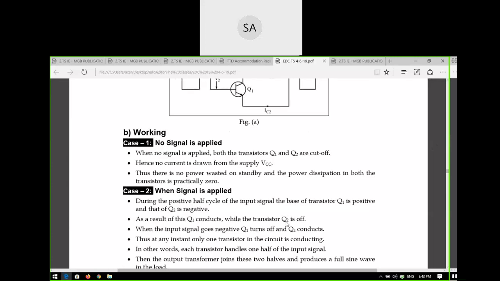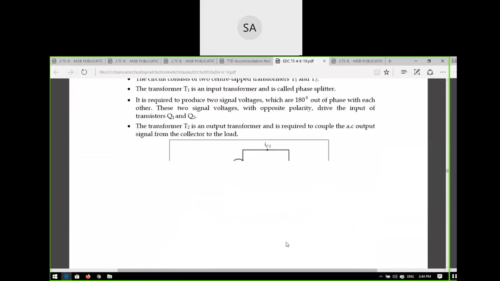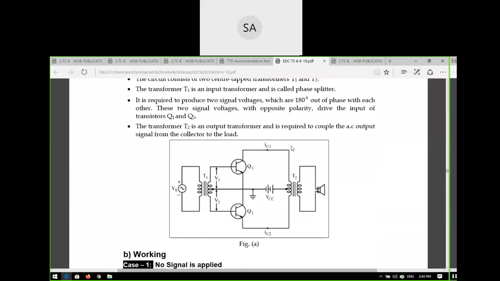Okay. So how many outputs will we get at the output side? One or two? There are two outputs, IC1 and IC2. So the total output is IC equal to IC1 plus IC2.